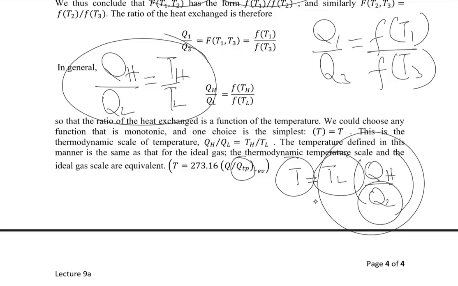So now as these two are known, we can consider temperature as a function of QH now. That means if I'm supplying heat to the system, the temperature rise would be equal to the heat supplied to the system.